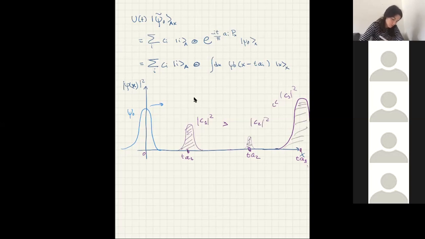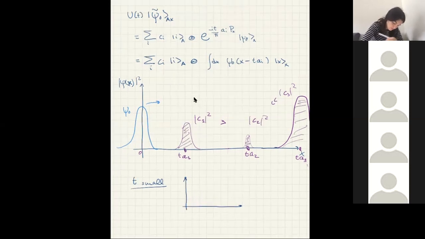One is, what if t is very small, or these Ai labels are very small, then we can end up with something like this. Maybe make them different sizes. What I mean is that there's much more overlap, because here's tA1, here's tA2, tA3.